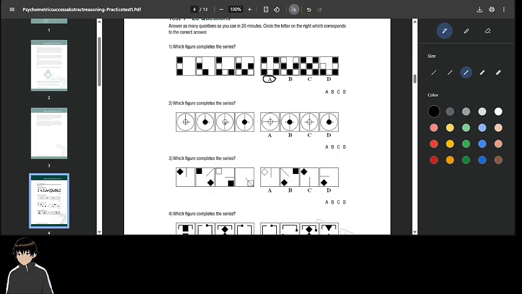So it turns black before it creates a new line. If you see here, it was just this, and then it became black. And when it became black, there was a line that was added here.